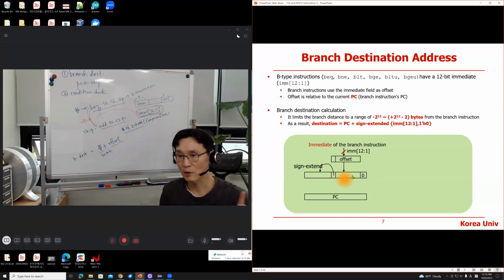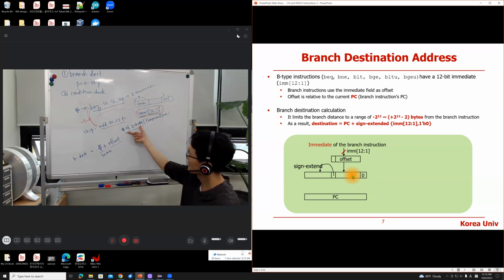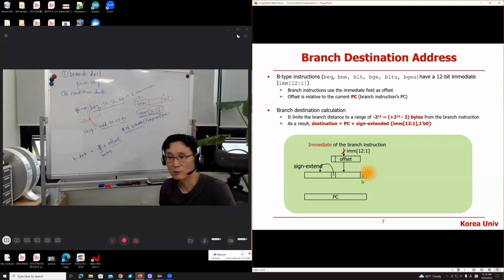And then one thing you have to be careful about: because the information encoded is a number of 2 bytes, you have to append 0 at the end.